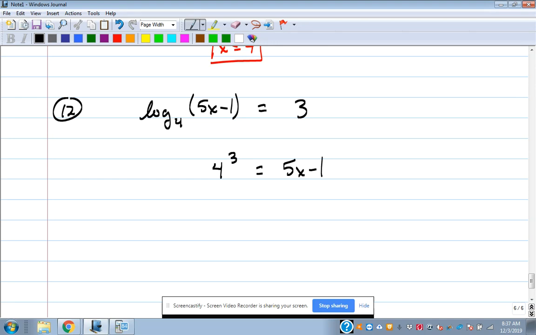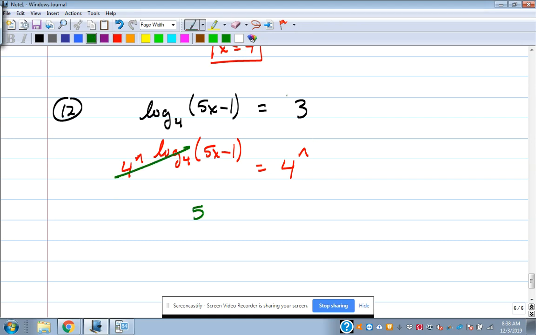If we didn't think of doing that, and we just exponentiated each side, we're going to get the same equation back. So if I exponentiate each side with a base 4, what happens? The base 4 cancels out the log base 4, right?